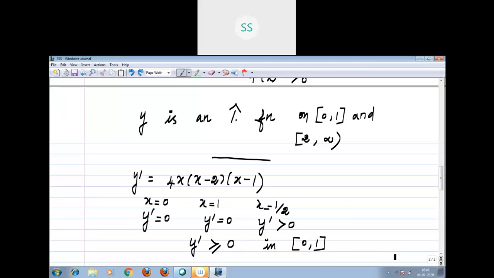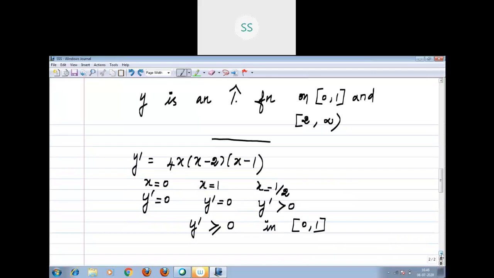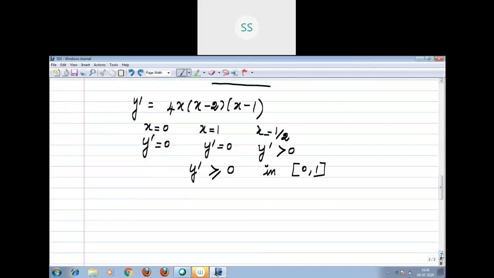2, infinity. In that also it is strictly, sorry, in that also it is increasing. The derivative should be greater than or equal to 0. I want to prove it, right? See here, y dash equal to 4x into x minus 2 into x minus 1. Now, here you can take x is equal to 2 because closed means the value should be accepted.